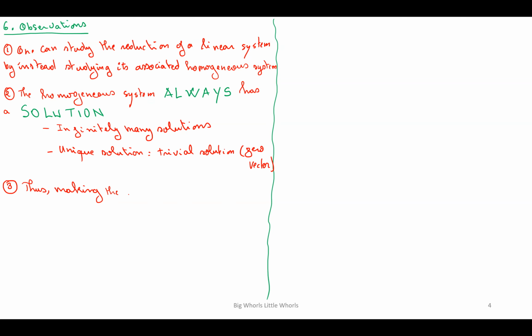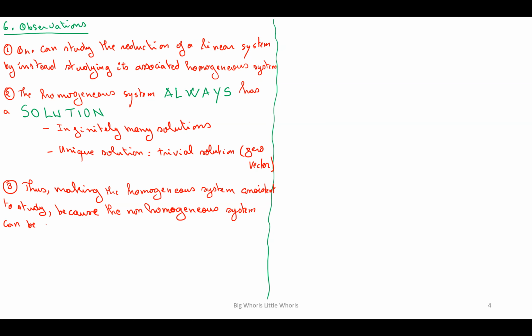Making the homogeneous system consistent to study, because the non-homogeneous system can have some inconsistency, can be inconsistent.